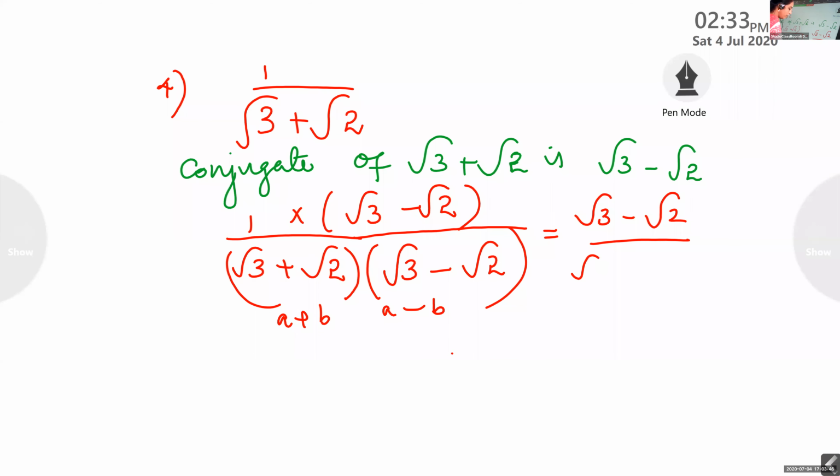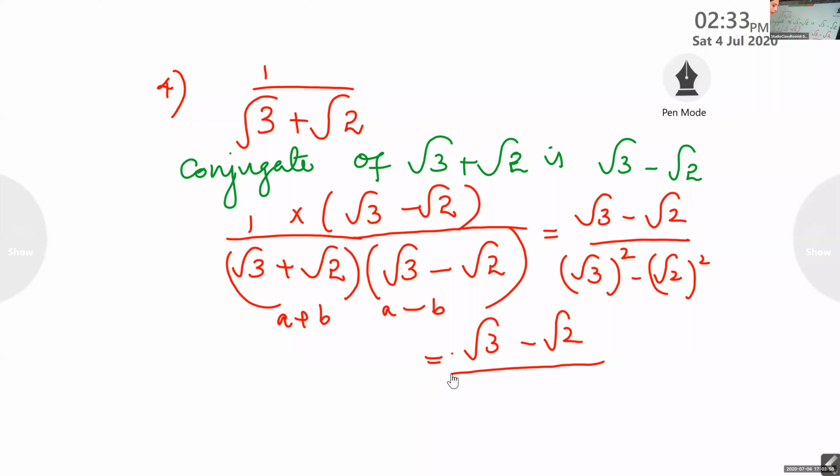And it will be root 3 whole square minus root 2 whole square. Root 3 whole square is 3, root 2 whole square is 2. So root 3 minus root 2 by 3 minus 2, which is 1. And our final answer is simply root 3 minus root 2.